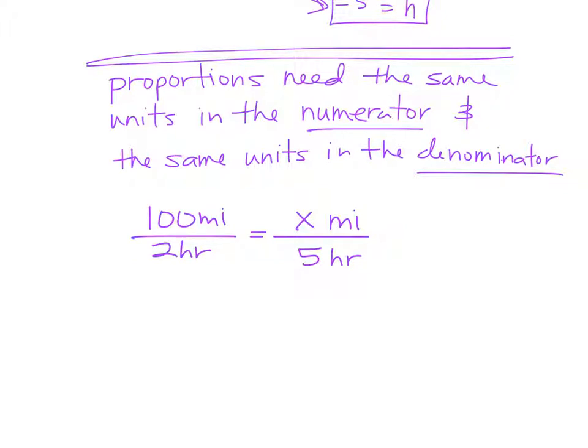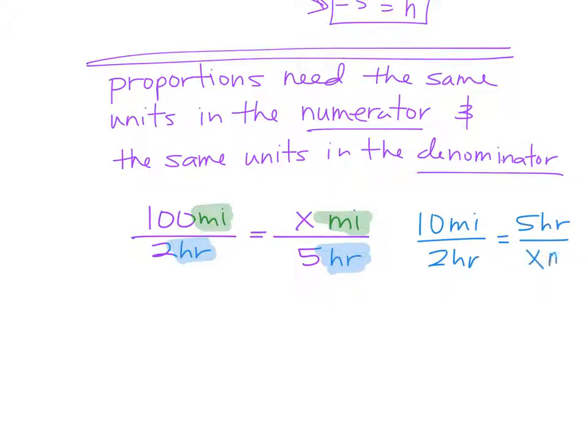I have in my numerator miles and miles. In my denominator, I have hours and hours. You cannot flip that. You cannot do 100 miles over 2 hours and then make it match up with 5 hours over X miles, okay? This is a big no-no.